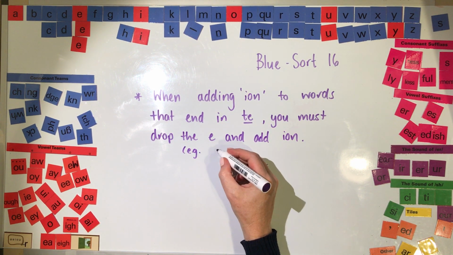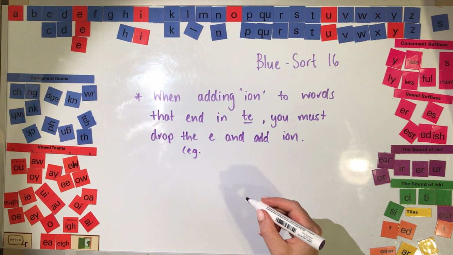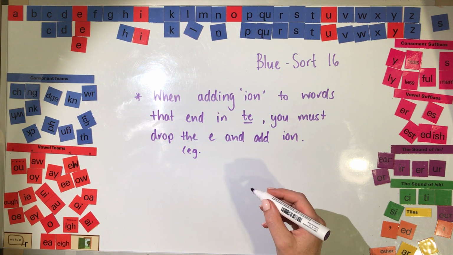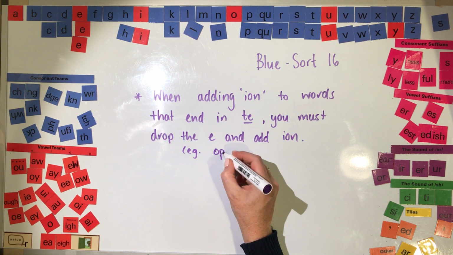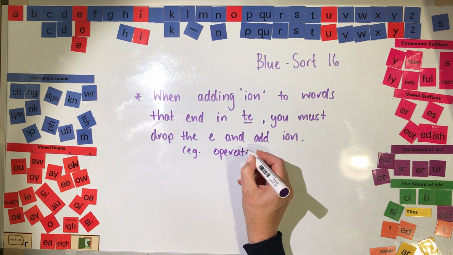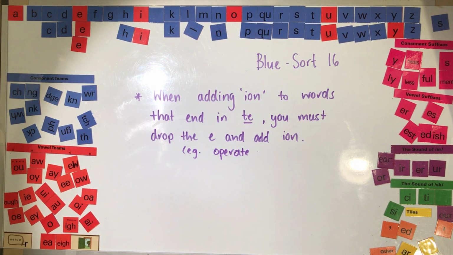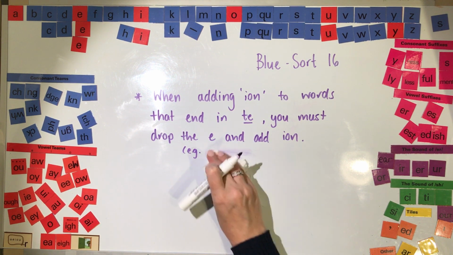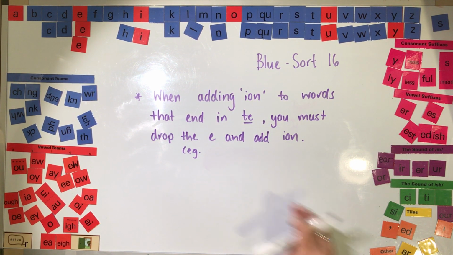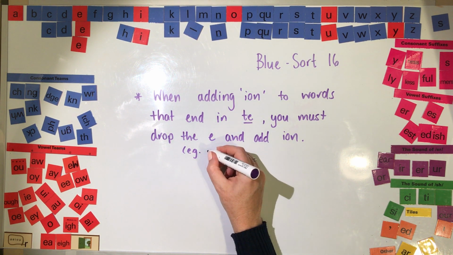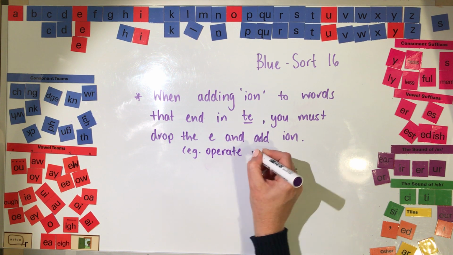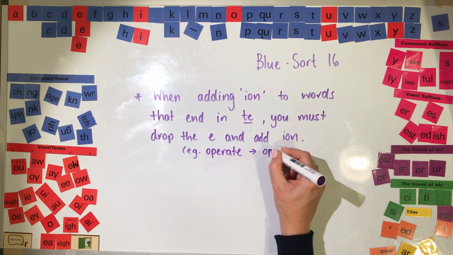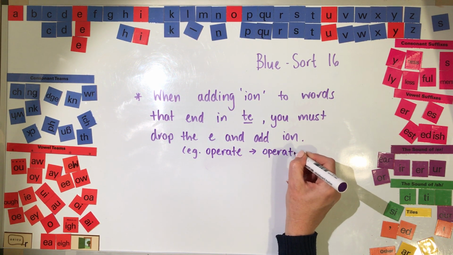E.g., what did we do? Did we do operate? Yeah, we did. Operate. Oh, goodness me, it's a sort of badly written word, isn't it? All the letters are the wrong size. Should have a 5 on the end of my pen. There we go. Operate goes to operation.